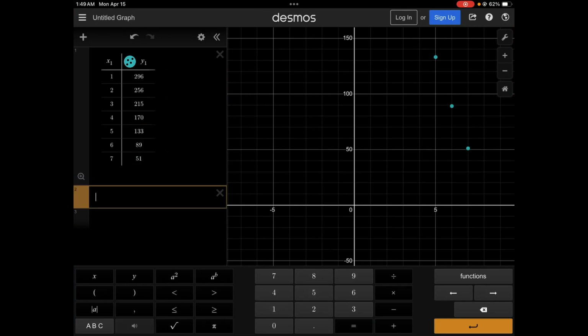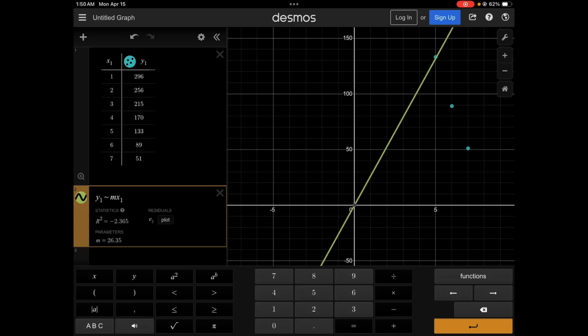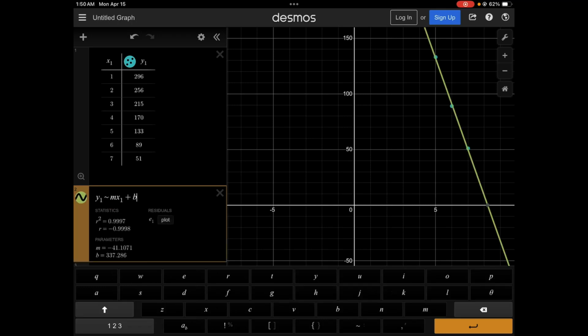Okay, you see that that's the x1, y1, so I have to write it as y equals m x1 plus b, and I have my slope m is negative 41 point something, and the b is 337 point something.